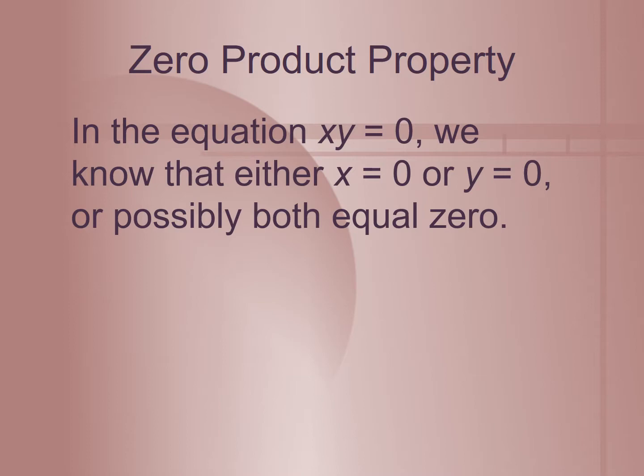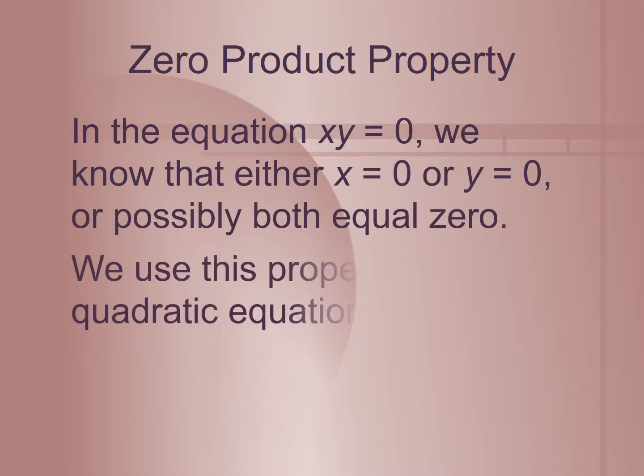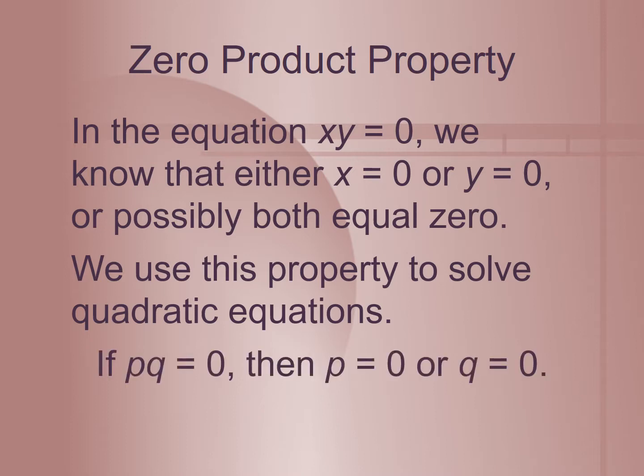That's the only way the answer can be 0: if one of the factors is 0. They could also both be equal to 0. That's a possibility as well, but we know at least one of them has to be. We're going to use this property to solve quadratic equations. Here's another example: if p times q equals 0, then p equals 0 or q equals 0.